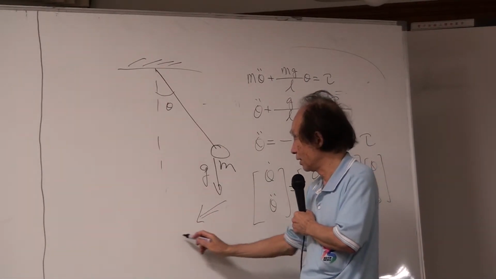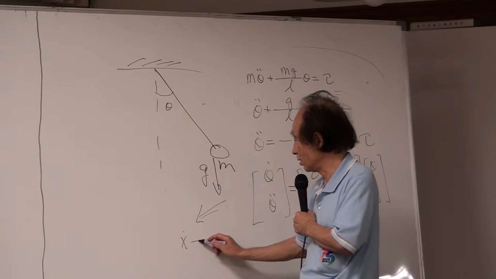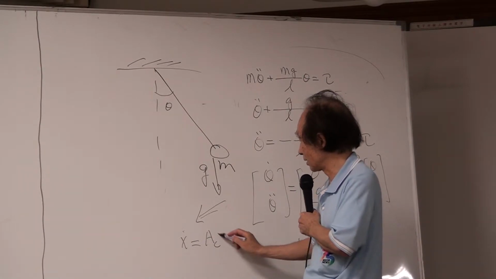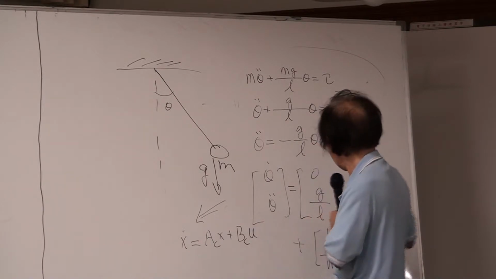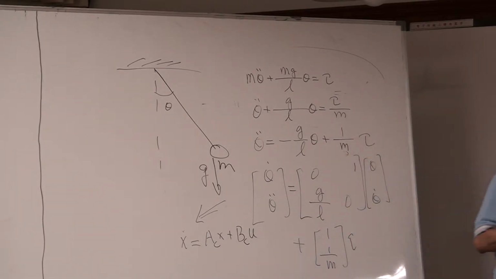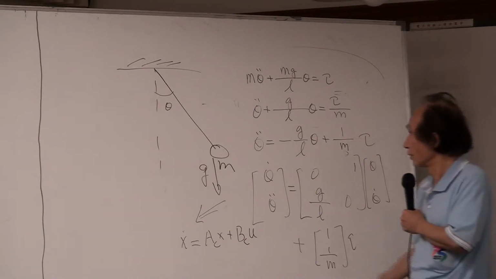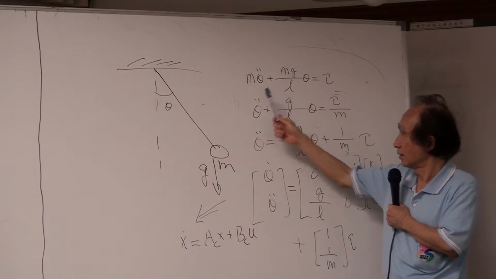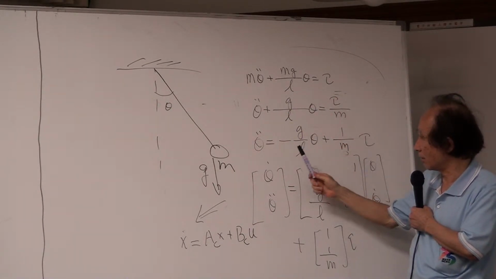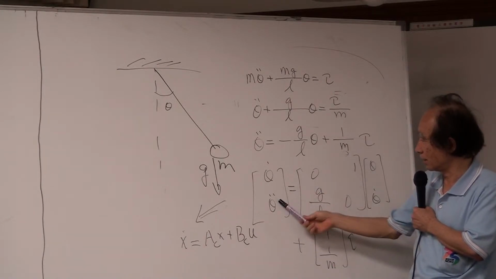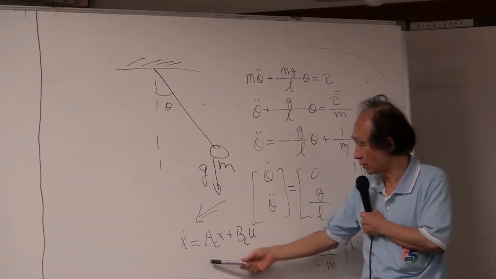This becomes x dot equal to AC x plus BC u, where u is tau. Agree? Now, there's a pendulum system like this, and like that, written in terms of second order, and written in terms of first order, in terms of state space now.